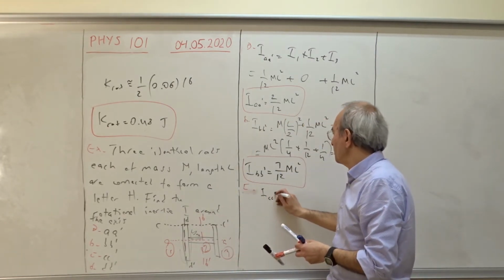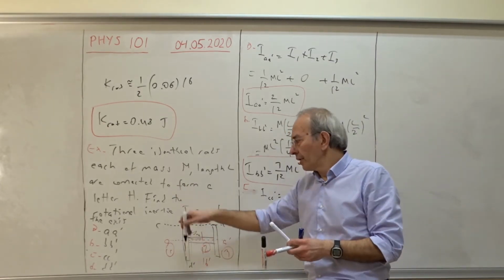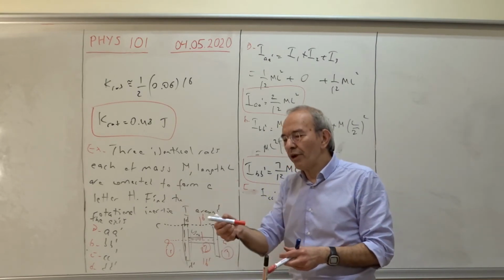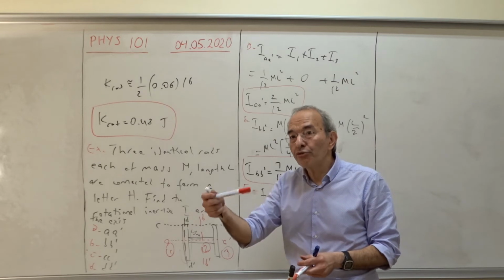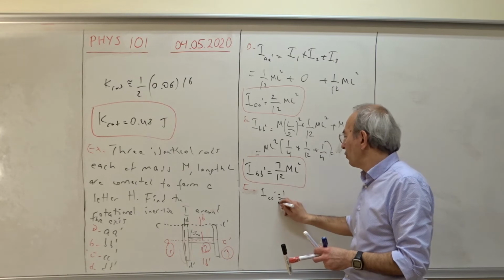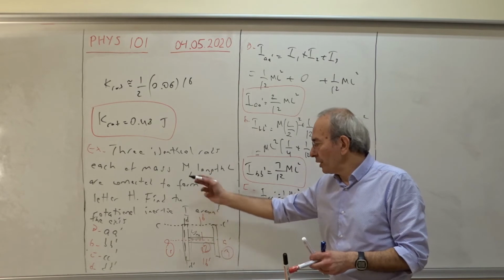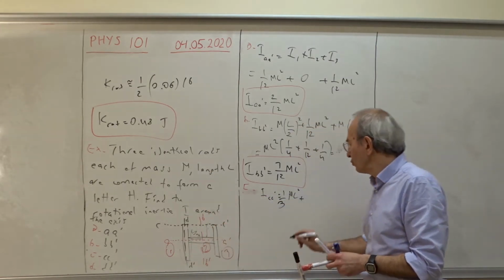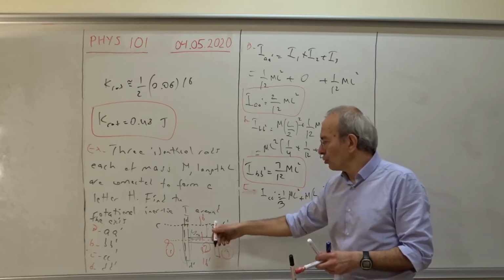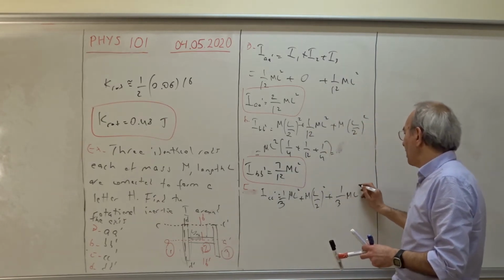So I CC prime. First one, number one, is turning around its end point. And as we have seen previously, if the rod is turned around its end point, it is 1 over 3. Not 1 over 12, but 1 over 3. So the first object will have a contribution 1 over 3 m times L squared. The middle one is turning together at a distance L over 2, full mass, L over 2 squared, and the third one is also turning around the end point, so of course this is also 1 over 3 ml squared.